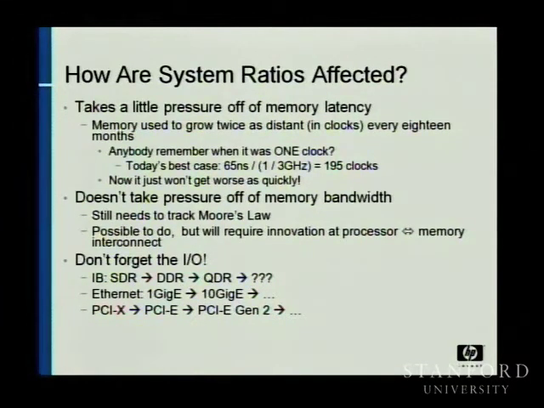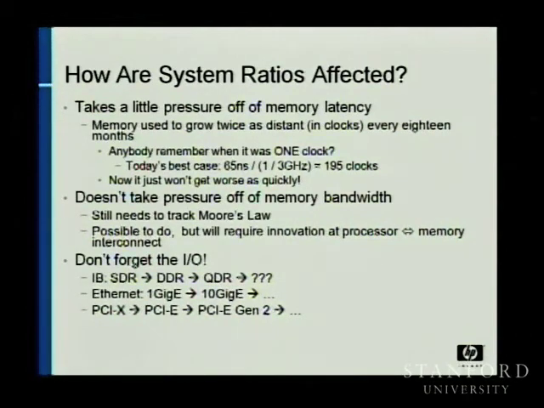And then PCI Express has gone through multiple doublings. PCI Express Gen 2 is becoming ubiquitous. It's already there in desktops, it's there in some servers, and will be there in all servers within a year or two. It just doubles the data rate. Gen 3 doubles the effective data rate, 2-3 years later. So the I/O stuff is happening at its regular pace, and it's there to enable interconnects.